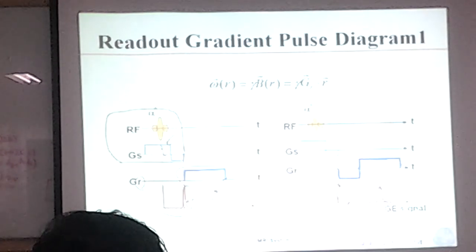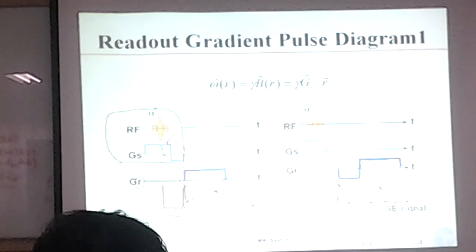So using this gradient, the echo signal is generated, and also data acquisition can be performed in this period here. So while this gradient is applied, data can be read out here. So that's why this gradient is called the readout gradient.